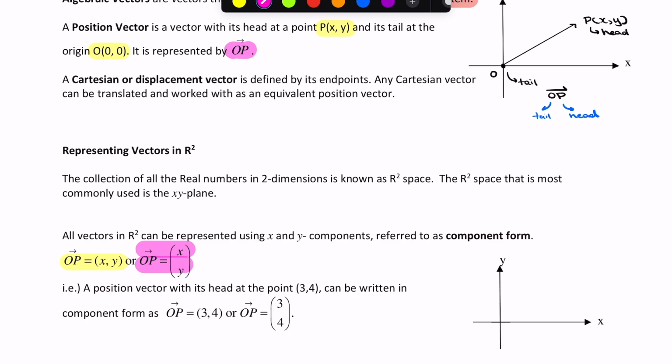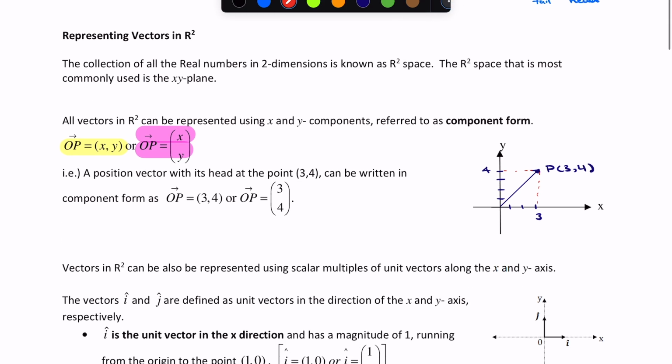If we draw that on our graph on the right, it's at point (3, 4), and that helps us represent our vector here.